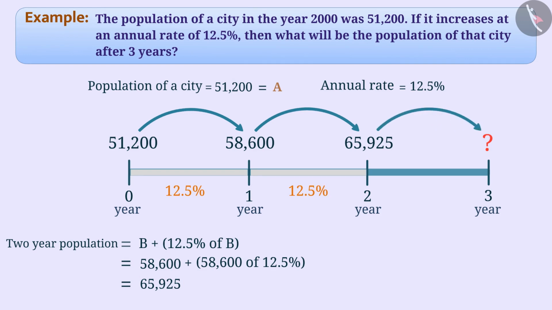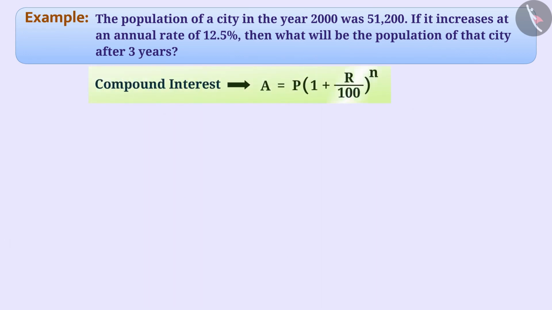In this way, we can say that the population is compoundly increasing. In such a situation, we can find the population after 3 years with the help of the compound interest formula. Here, P is equal to 51,200, R is equal to 12.5% and N is equal to 3. A is equal to P into bracket 1 plus R by 100 bracket raised to the power n.